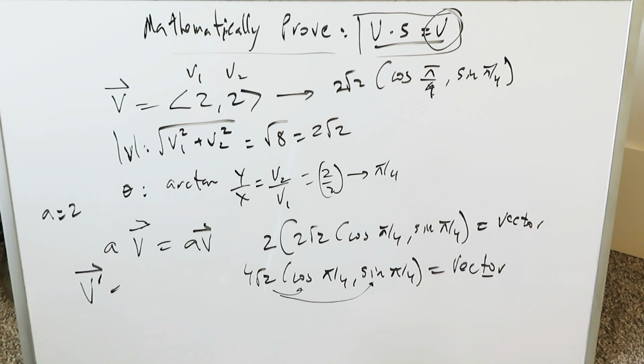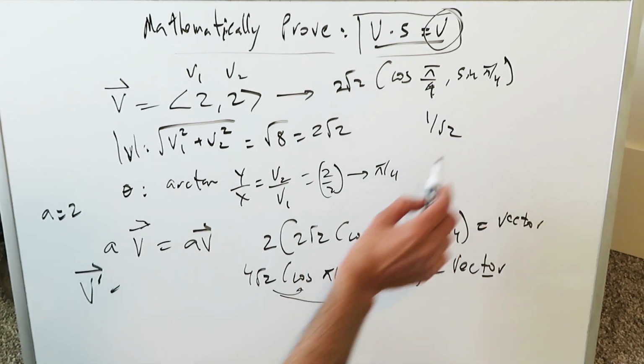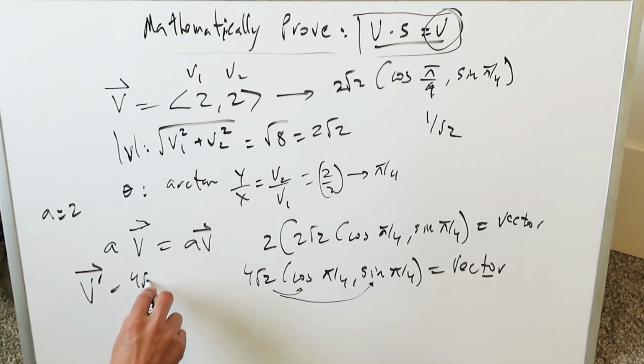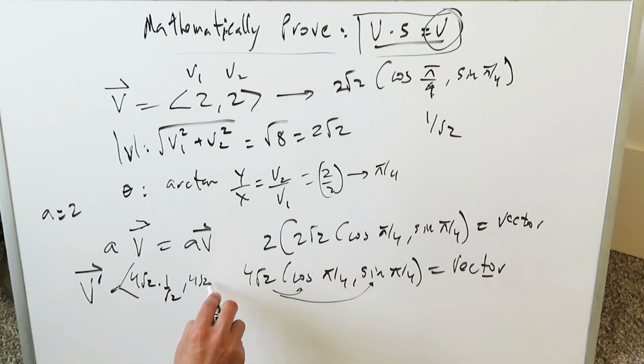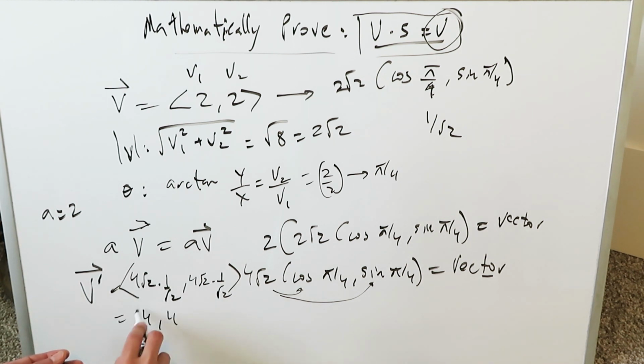You know it's always equal to cosine of 45 and sine of 45, which is 1 over root 2. You're doing 4 root 2 times 1 over root 2. That's your x component, and then your y component is 4 root 2 times 1 over root 2. You complete this, you're having a 4 comma 4, and that right there will represent your new modified vector.